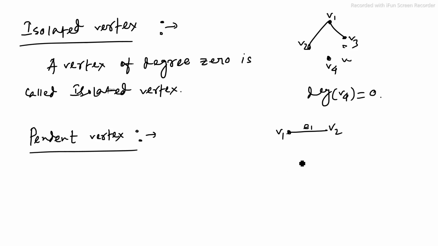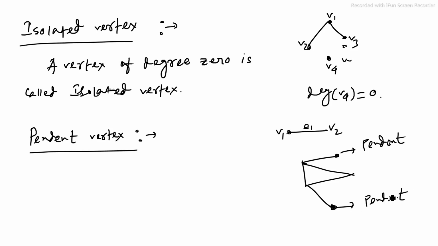Also, if I draw this, you can see this and this vertex are pendant vertices. The degree of this vertex V1 is 1 and the degree of this vertex V2 is 1.